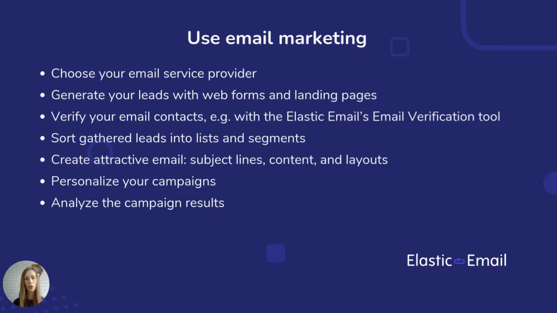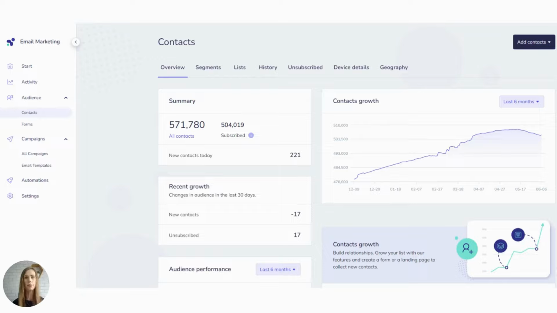You can manage your contacts on your account and sort them into segments and lists based on contacts' personal information, behavior, or preferences. Thanks to this, your emails will be more targeted and tailored to your audience's needs.